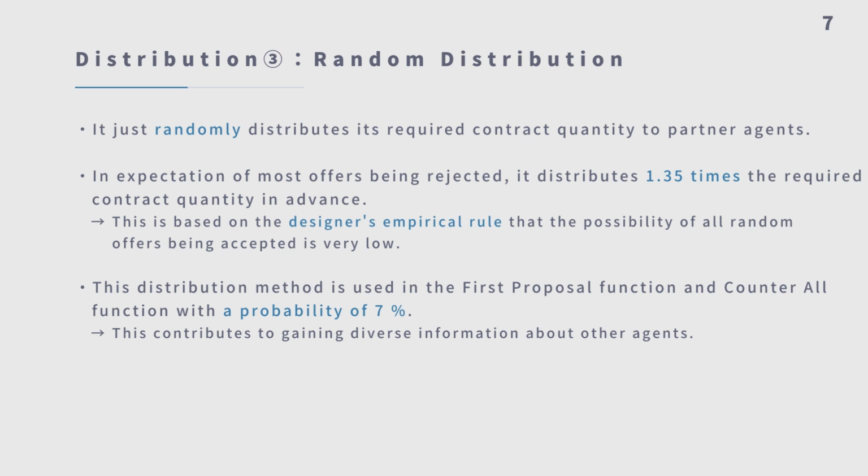This expectation is based on the designer's empirical rule that the possibility of all random offers being accepted is very low. Also, this random distribution method is used in the first proposal function and counter all function with a probability of 7%. This contributes to gaining diverse information about other agents.